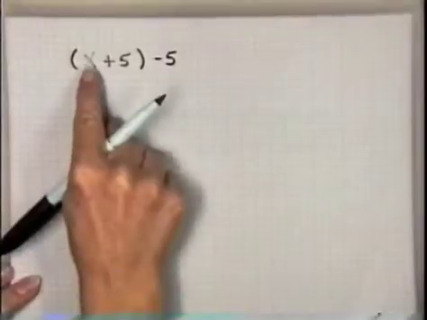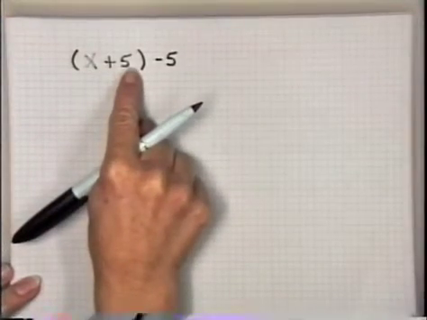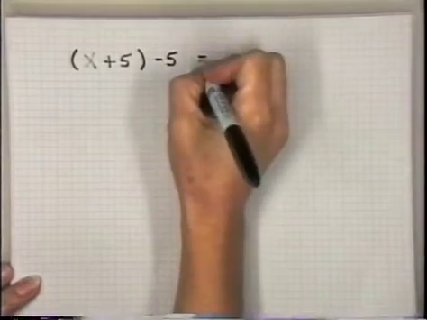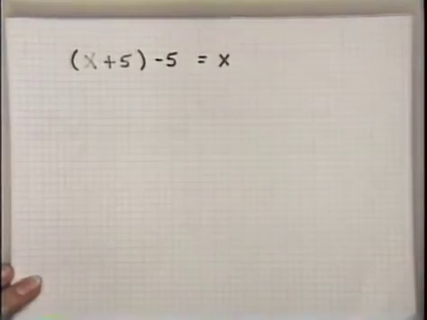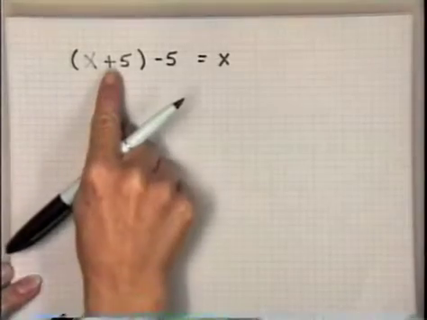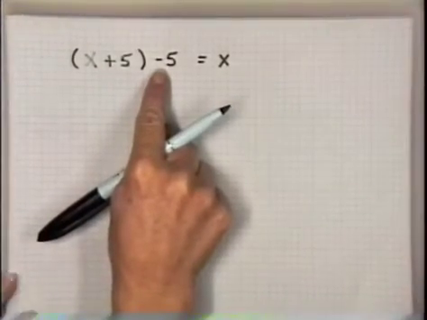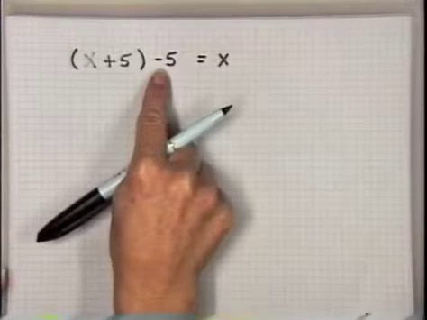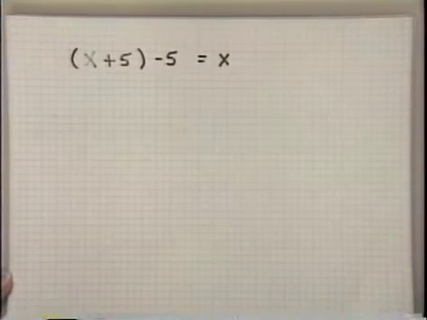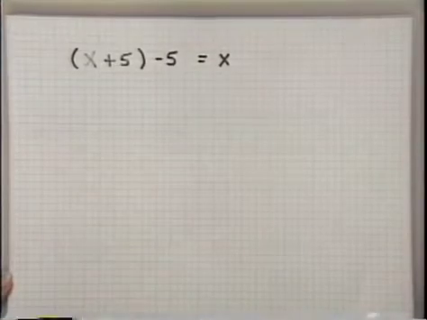Well, of course we know if we take any number and add 5, if we take that solution and subtract 5, our final result will be the same number x that we started with. So sometimes we say that addition and subtraction undo each other, or that addition and subtraction are inverse operations.